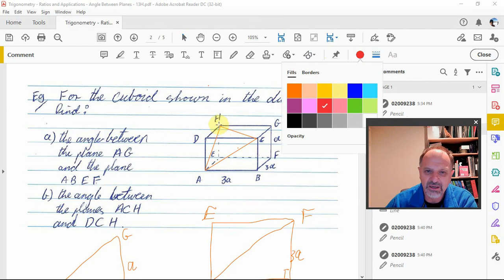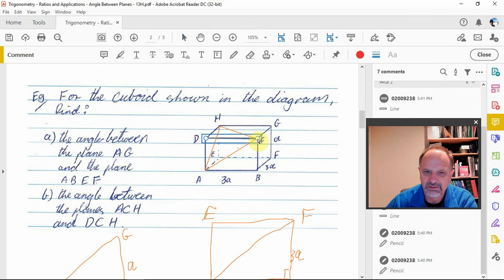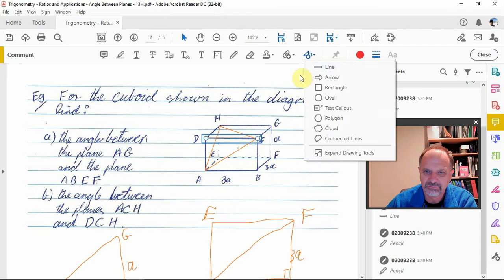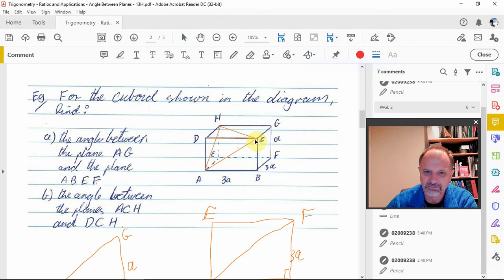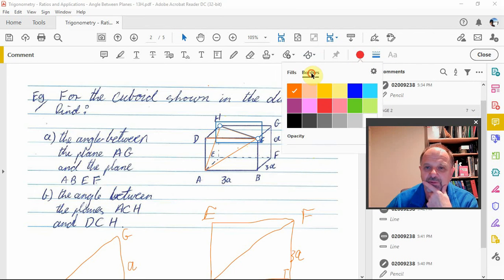All right, so DCH hasn't changed because it's the fill, and I'm not after the fill, I'm after the border.